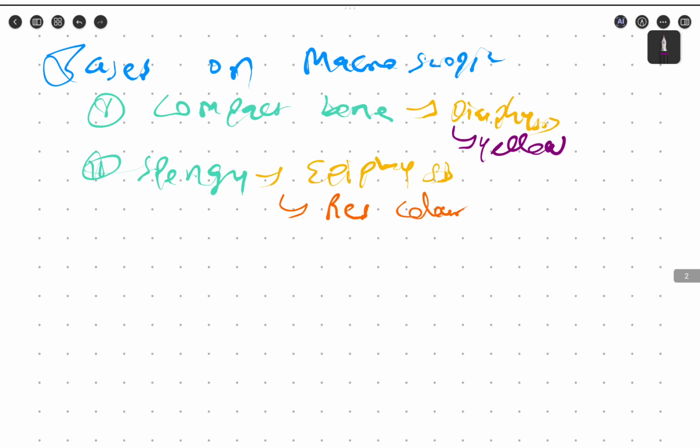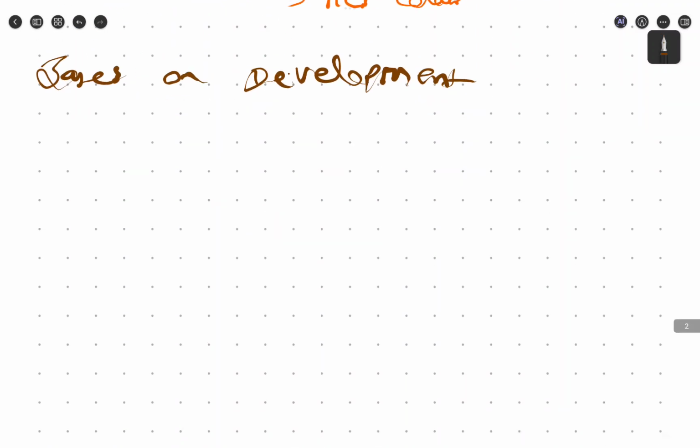Now, based on development: if it is developed from the membranous part, such bones are called membranous bone.